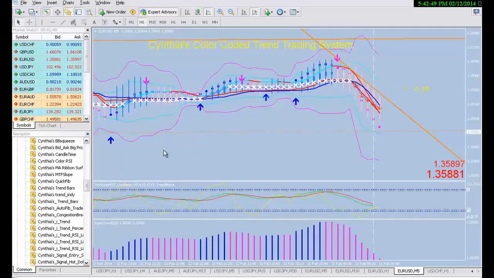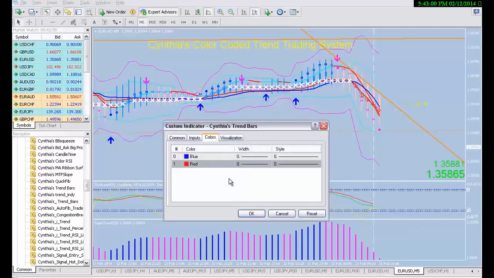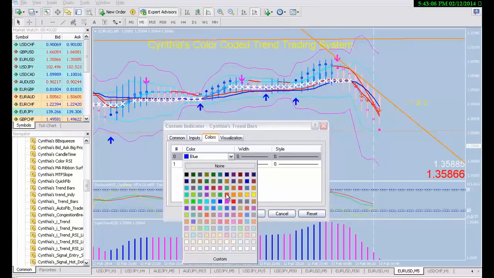Now, you did receive Cynthia's trend bars as an attachment to your email when you received this trading system. So you can add it to your chart. Just change the color blue to something a little different than the blue that's on your chart.